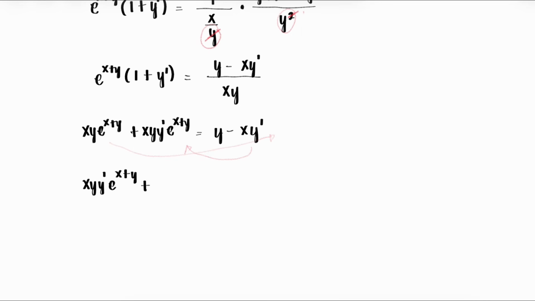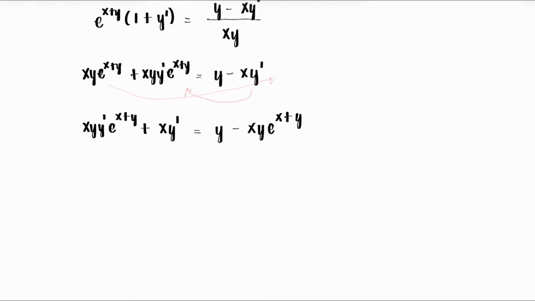This time it's a plus xy prime equals y minus xy e to the power of x plus y. And on the left side, we're going to factor out common terms. Try to see if we can cancel out something. So the common terms are x and y prime. So factoring out x y prime, we have y e to the power of x plus y plus 1.